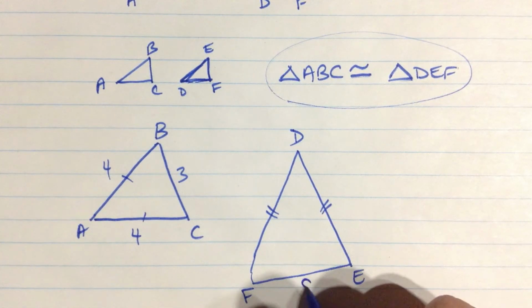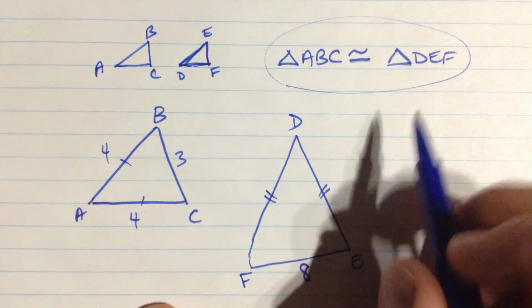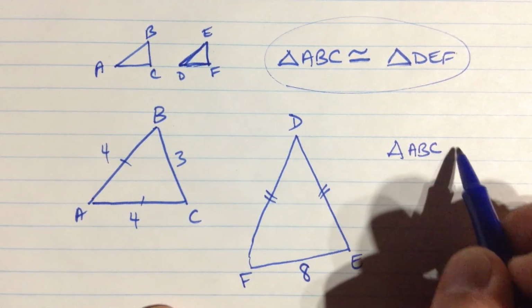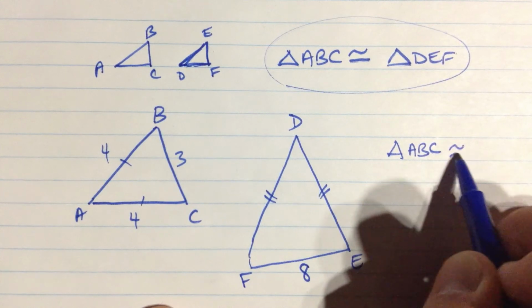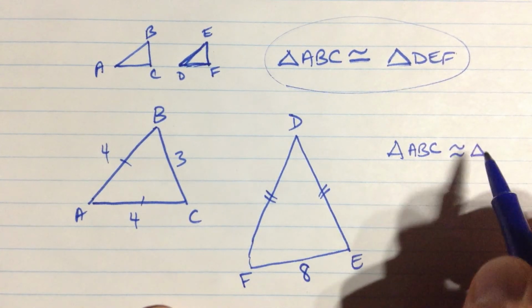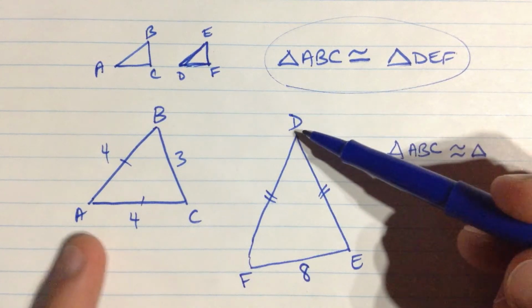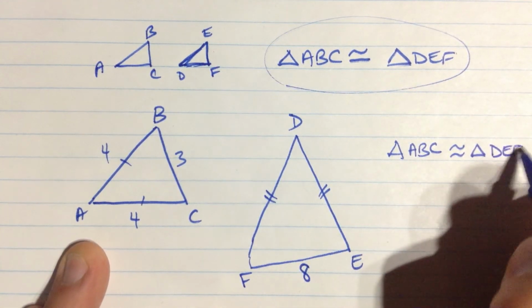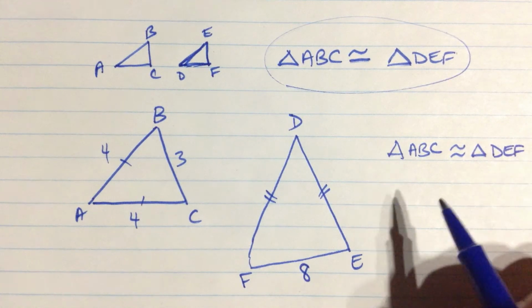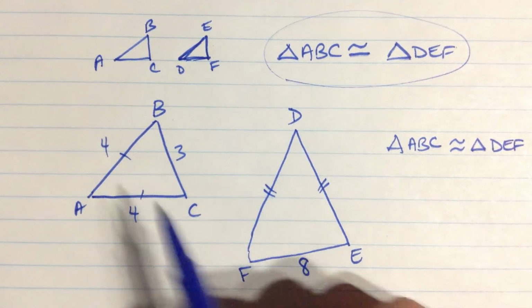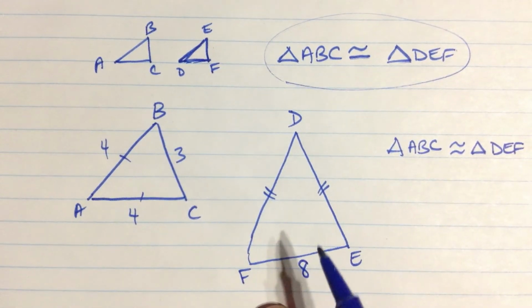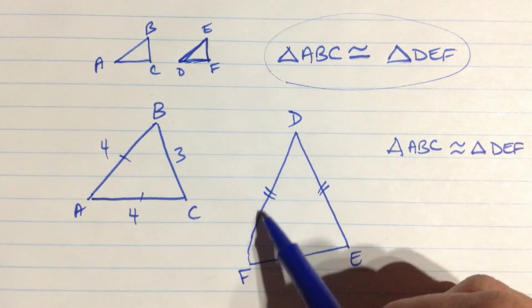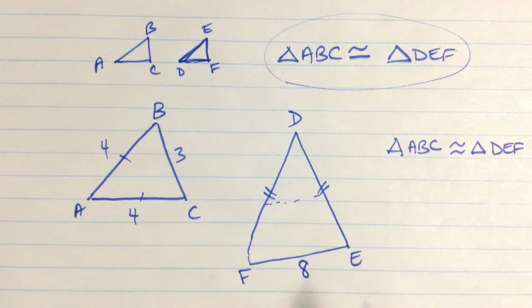And I know this length here is 8, and I know that triangle ABC is similar to triangle, let's get the order right, A and D have to be the same, D, and then E and F. So that means this one would kind of fit inside of this triangle, up in that space.